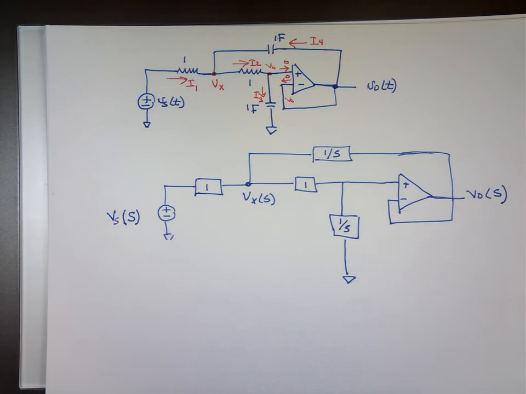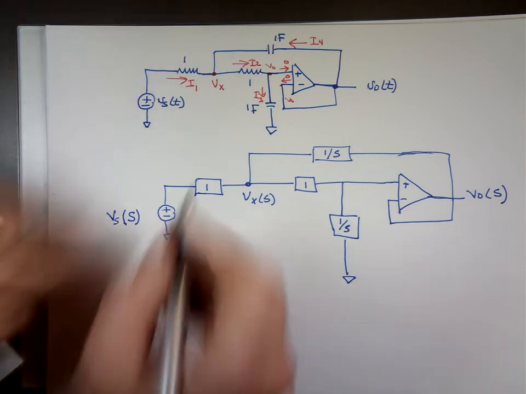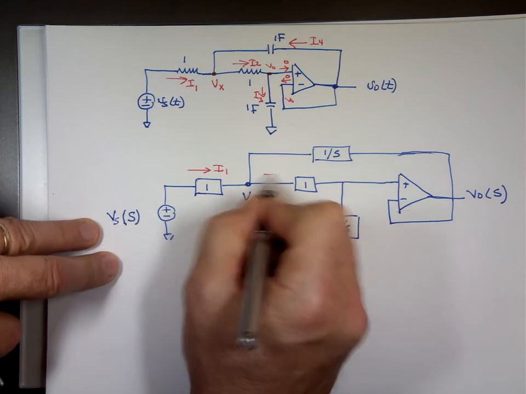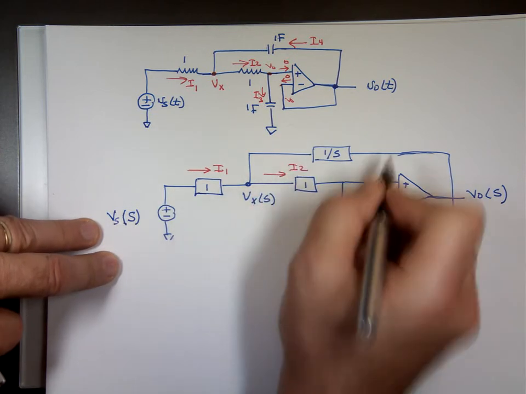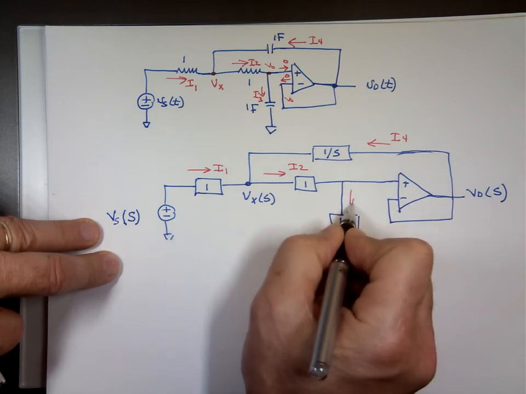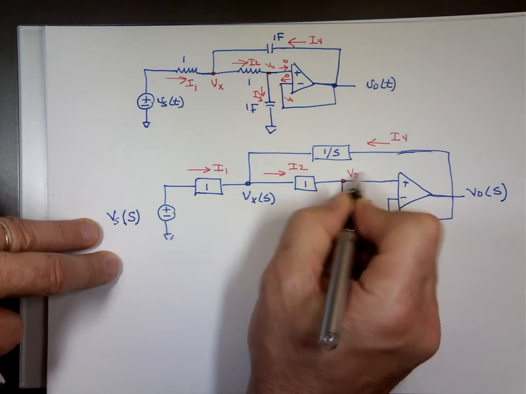The only thing, again, I have to put the currents in the way we labeled them: I sub 1, I sub 2, I sub 4, I sub 3. You chose these. And this is V out as a function of s.